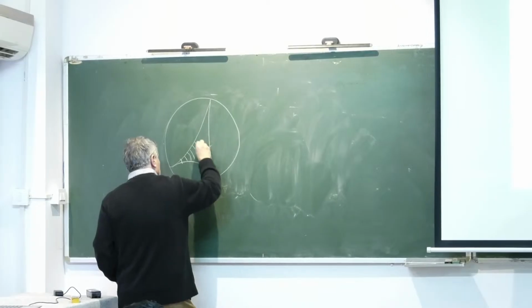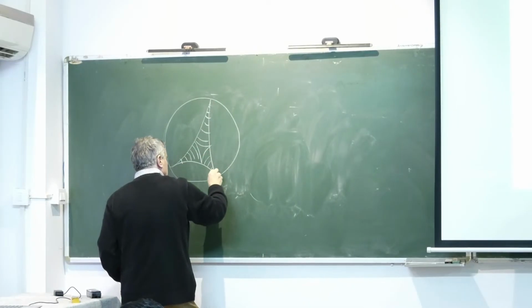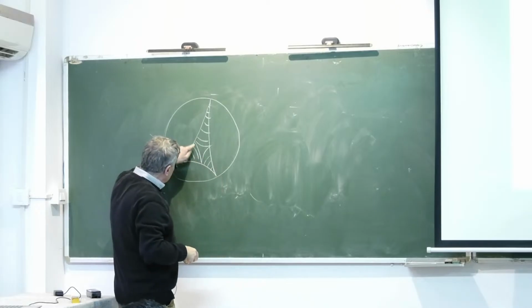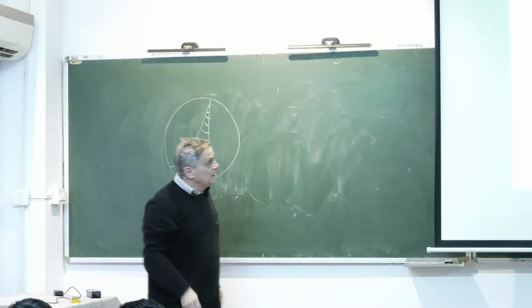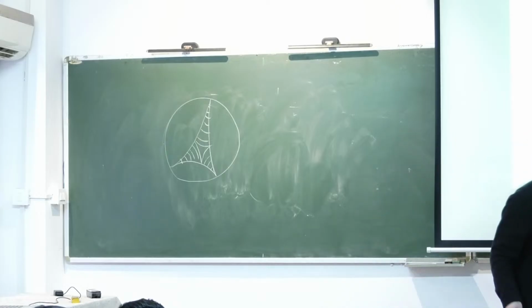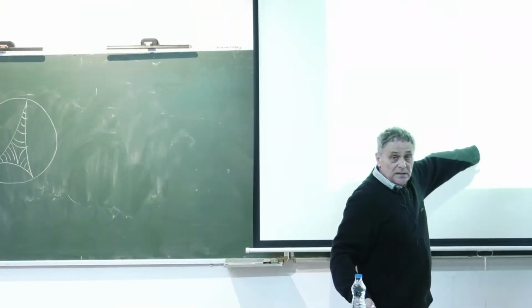And we said that it uses this foliation and so on, and then we send one of these pieces of circle to the other one. Remember this? I tried to explain that an ideal triangle is a kind of degenerate right-angled hexagon.